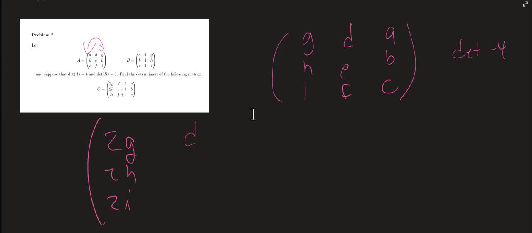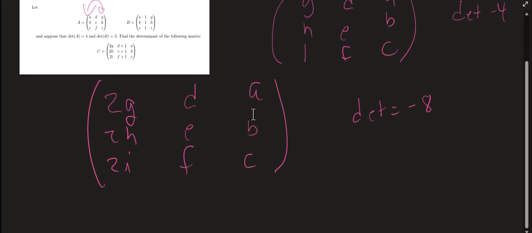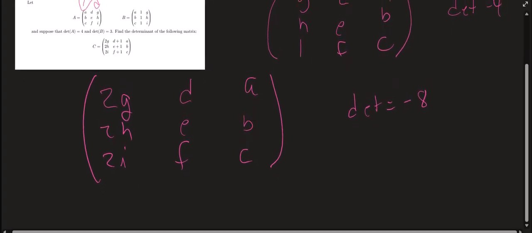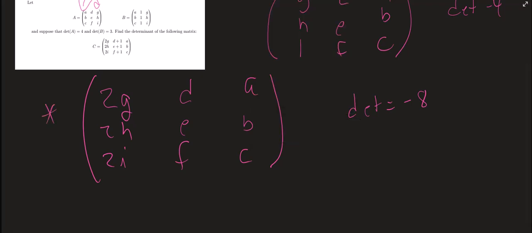Multiplying any row or column multiplies the determinant by that value. So the determinant is now -8. Okay, I'm now going to swap, so I have this one, so hold on to that one.